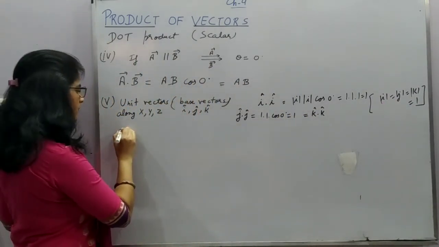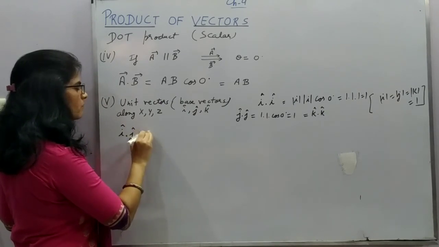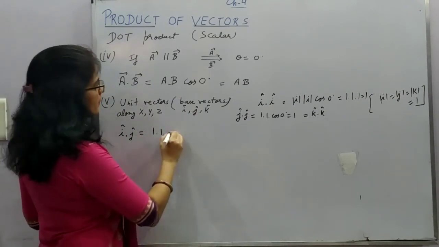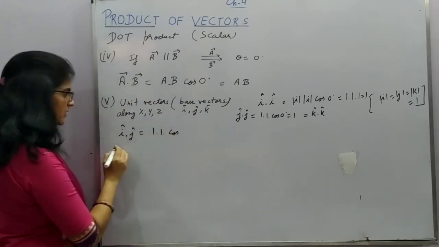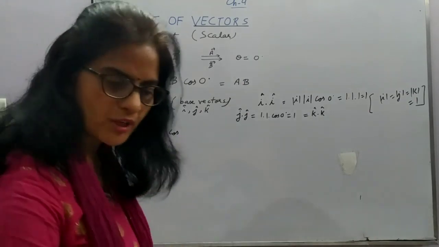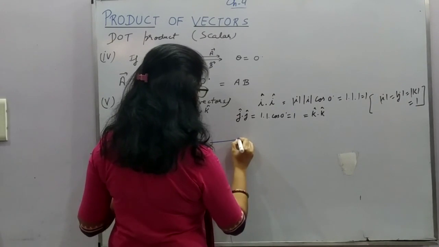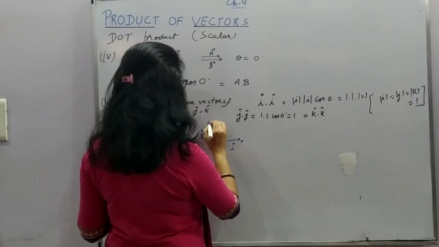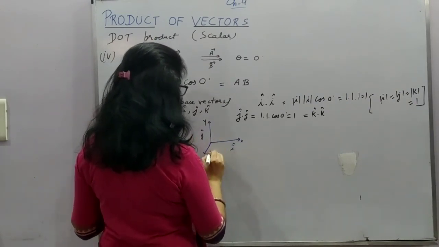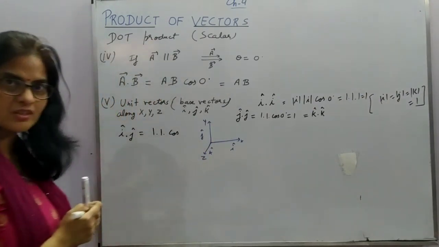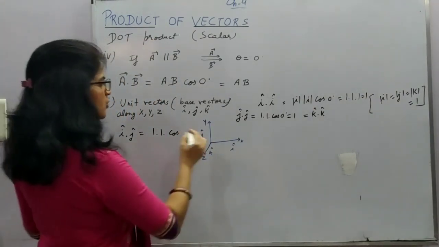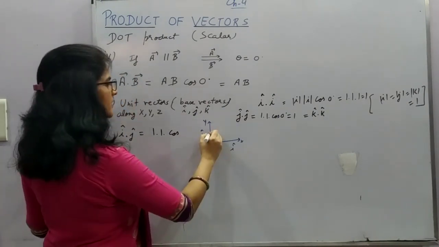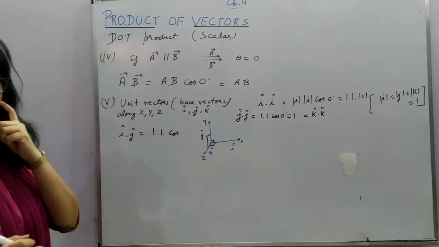But if I write i dot j, what will it be? Magnitude of i is 1. Magnitude of j is again 1. But cos of, how much will be the angle? Look at this diagram. We know that i is the unit vector along x direction. j is the unit vector along y direction. And k is the unit vector along z direction. So what is the angle between i and j? This is 90 degree. Angle between i and k, 90 degree again. And angle between j and k is also 90 degree.